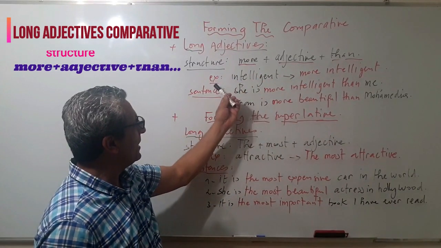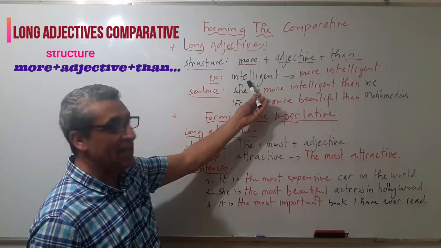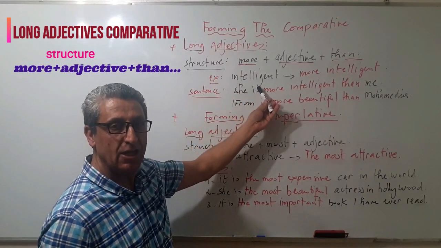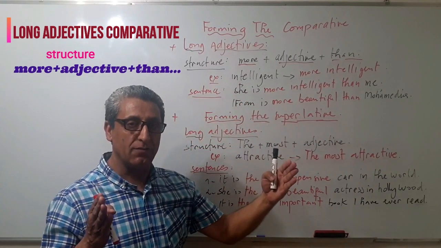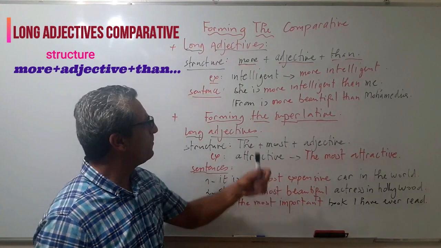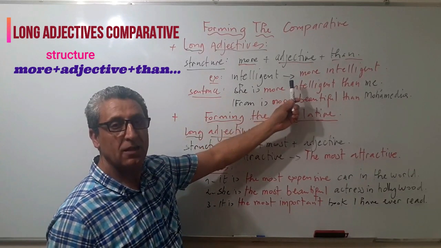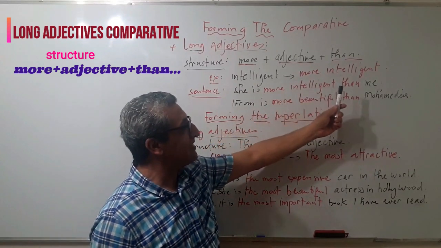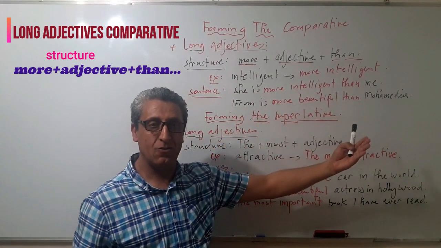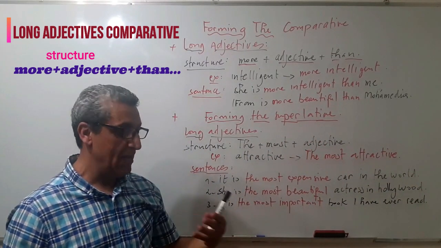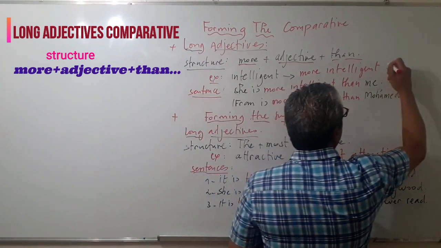Okay, example, look at the adjective intelligent. Intelligent is a long adjective. The comparative form is more intelligent than.